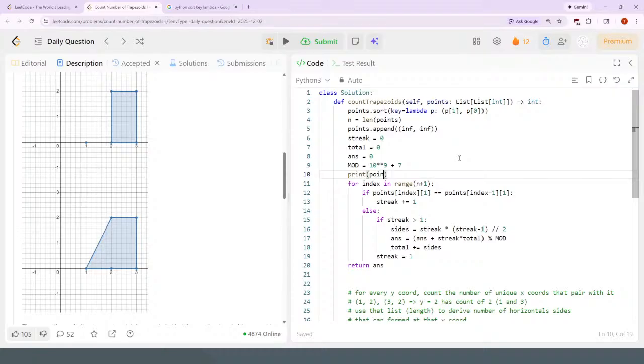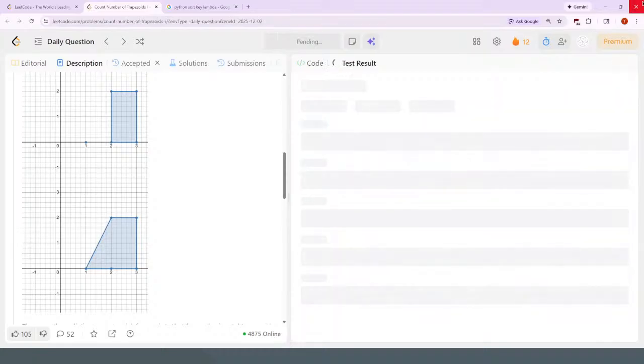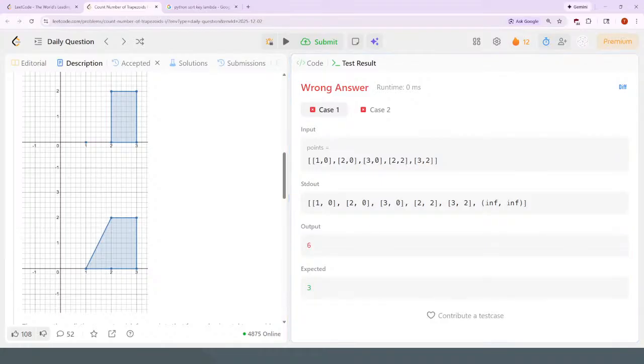Print out points. So 0, 0, 0, 2, 2. So it's like 3 and 2. Okay.